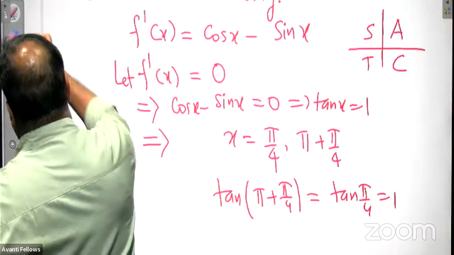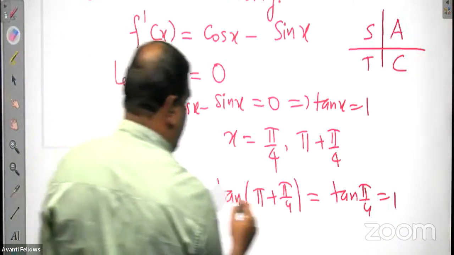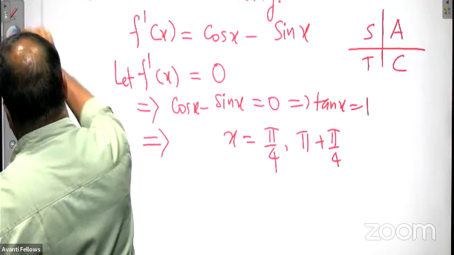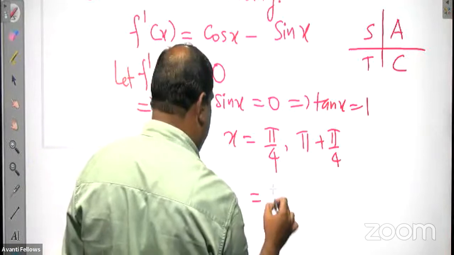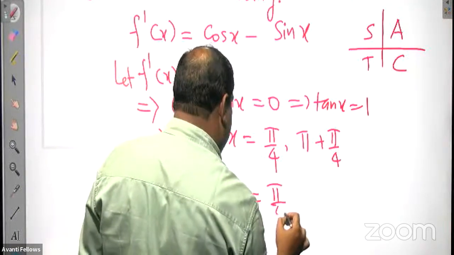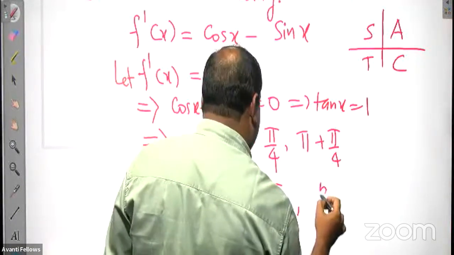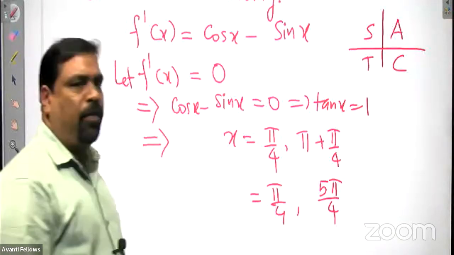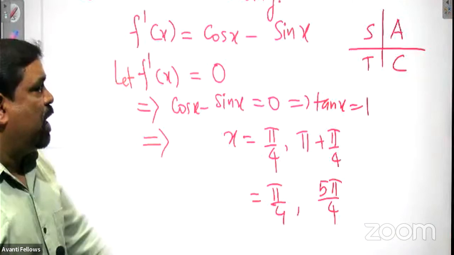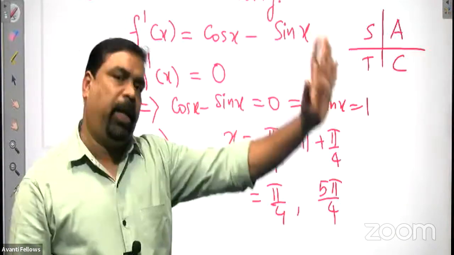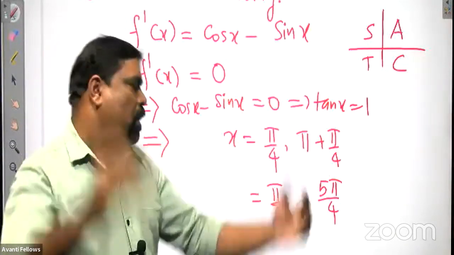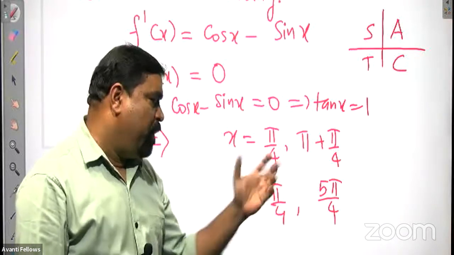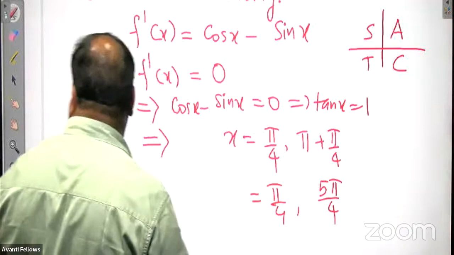That's the way we are getting pi plus pi by 4, which is 5 pi by 4. One critical point is pi by 4. Another critical point is 5 pi by 4. In the given interval 0 to 2 pi, these are the two critical points. Now we have to identify the intervals.